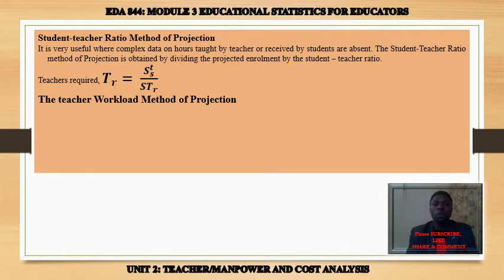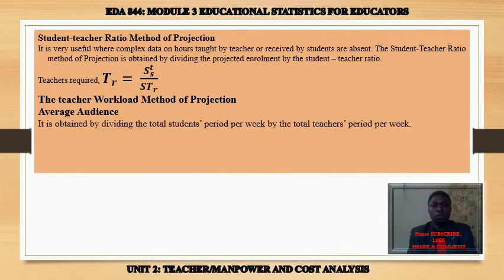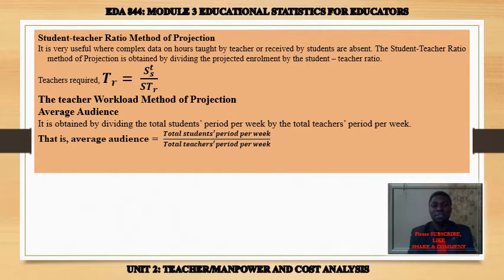The teacher workload method of projection is also given here. It is obtained by dividing the total students period per week by the total teachers period per week. This is similar to what we have here.